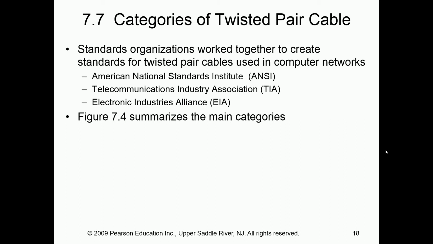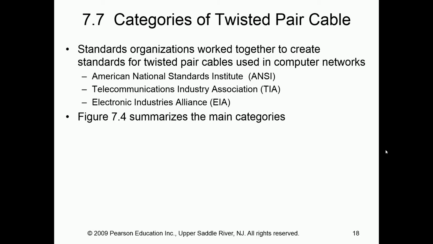The last two you might see as EIA-TIA or TIA-EIA. It doesn't really matter which one is first. But they jointly develop a lot of telecommunication and electronic industry standards. For example, our category cable, our Ethernet cable heads, the way the pattern is laid out is an EIA-TIA standard.